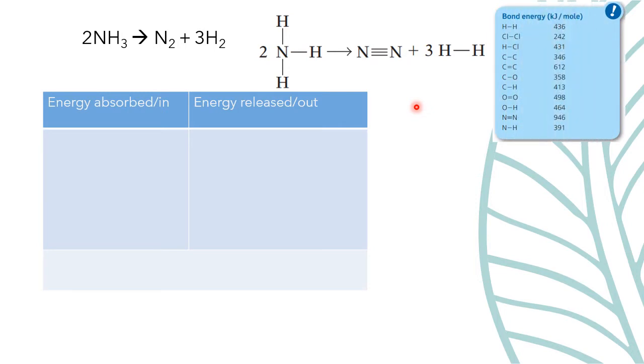Right, so based on the bond energy, kat sini dah bagi dah dia punya nilai, kita hanya kira saja. So energy in or energy absorbed, mestilah kita fokus kepada bond breaking for the reactant. Kat sini kita ada berapa type of bonding? Kita ada satu type saja, which is nitrogen to hydrogen bonding.